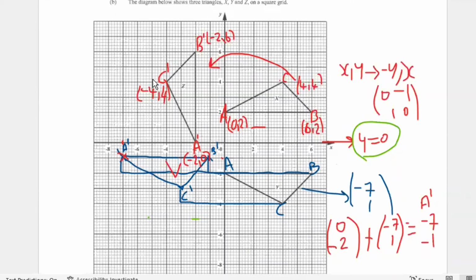So you could either say it is anti-clockwise 90 degrees, or you could say it was clockwise 270 degrees. Any one that you choose.